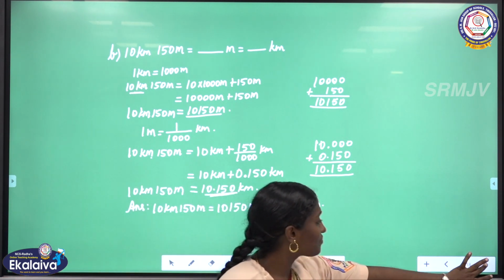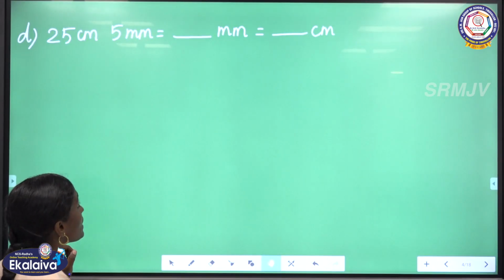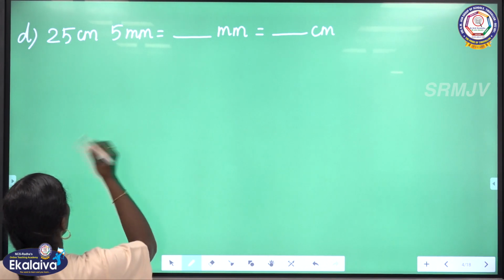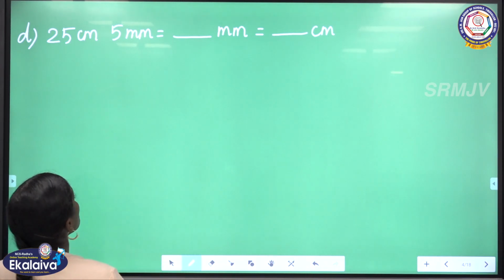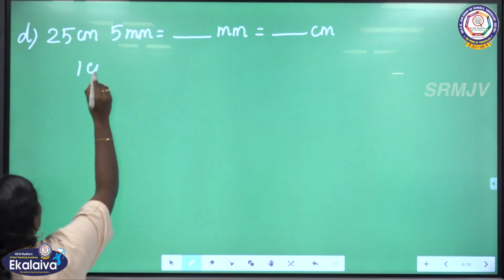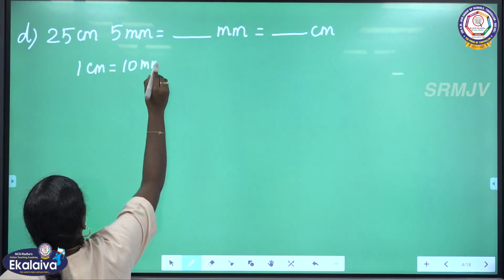Is it clear? Then the next one, 25 centimeter 5 millimeter is equal to dash millimeter and dash centimeter. We are going to convert centimeter to millimeter and millimeter to centimeter. So we know that 1 centimeter is equal to 10 millimeter.